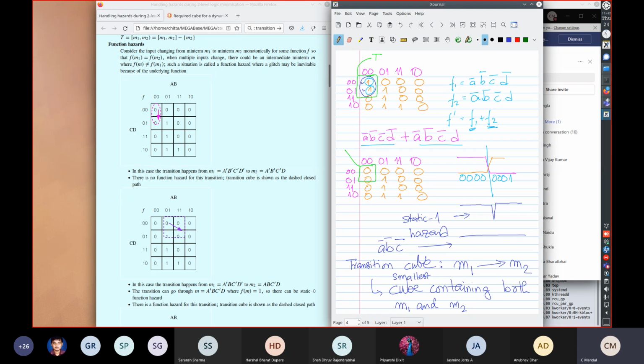This is a transition cube. So in this transition cube, the function changes monotonically.